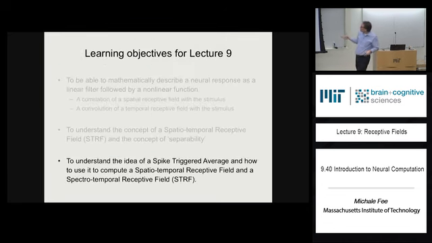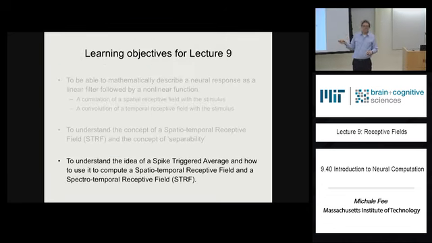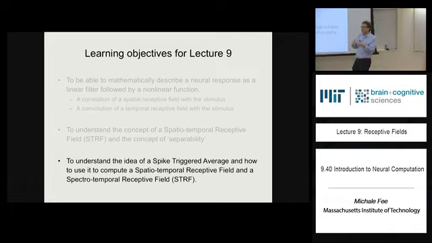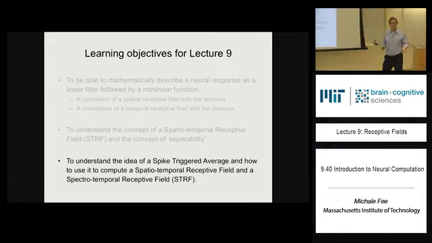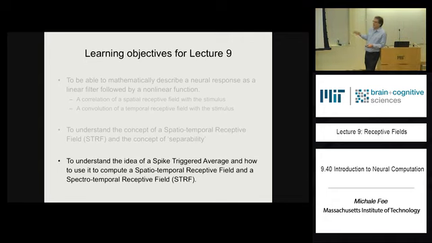Okay. So now that we've seen mathematically how to think about what a receptive field is and how it interacts with a sensory stimulus, how do you actually discover what the receptive field of a neuron is? It turns out to actually be a very challenging problem.